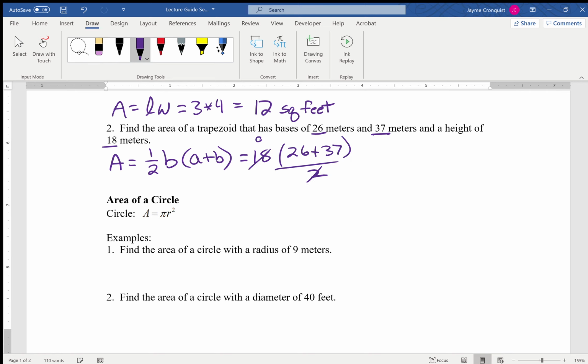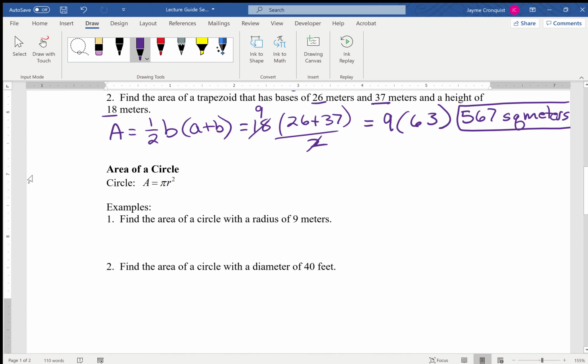Well, that turns that into a 9. So I have 9 times 26 plus 37 is 63. So my answer is 9 times 63 to 567. Again, square meters.